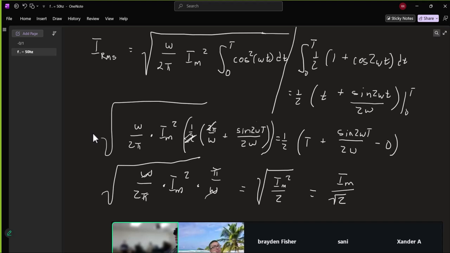There's no 1 over 0. Also, the period is not going to be 0, because a periodic function has to have a period greater than 0. So T will never be 0 if it's periodic. And yes, you can also always write it as omega over 2 pi.